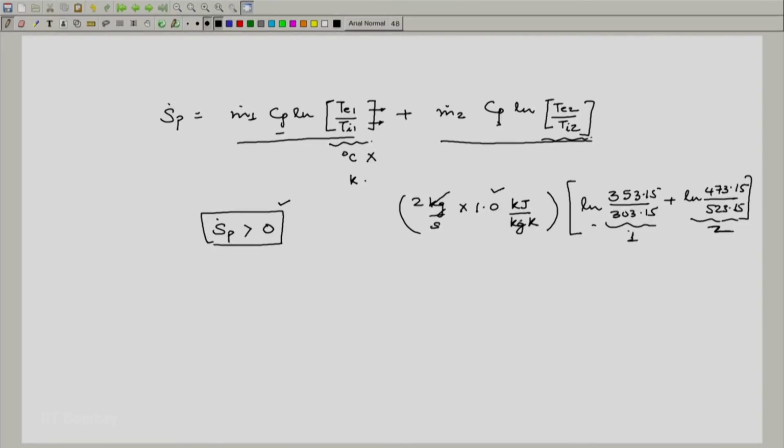This of course is kilojoule per second, kilowatt, so it would be 2 kilowatt per Kelvin, and you have the two terms here, one is plus 0.306, the other is minus 0.201, and you would end up with plus 0.105 multiplied by 2 kilowatt per Kelvin. So this is the entropy production rate.